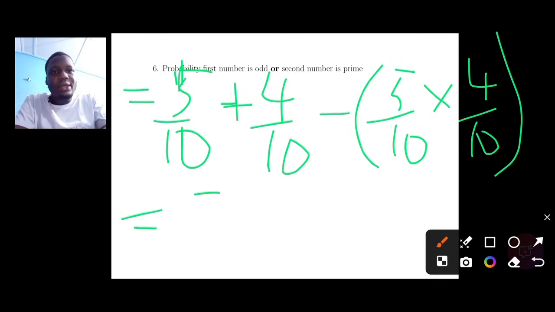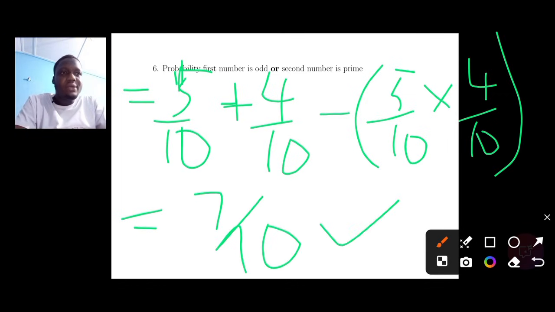When you do this correctly, you end up with 7 out of 10. And that's the correct answer. Okay, so the or here implied union.